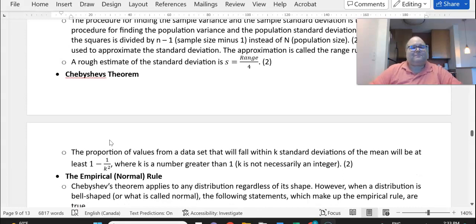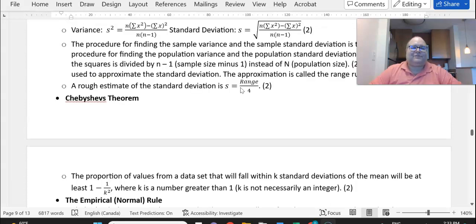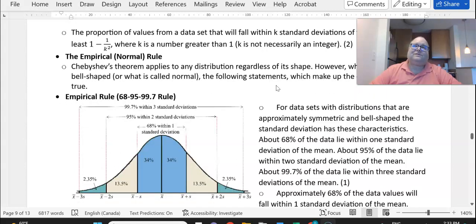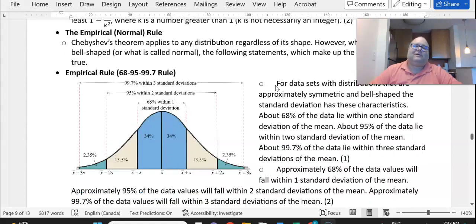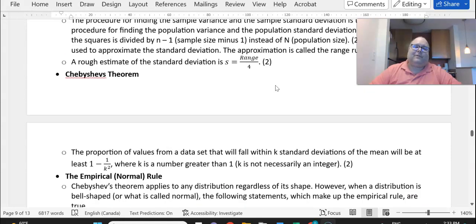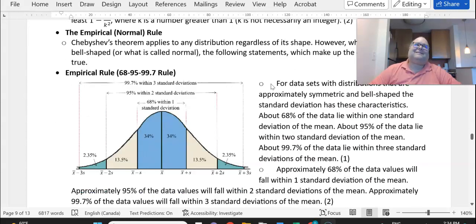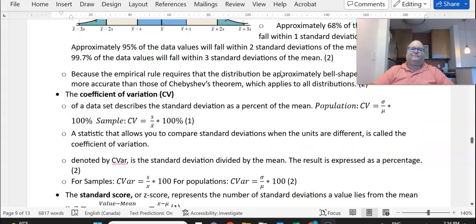Another way that we can quickly figure out an approximate for a standard deviation, be it ever so rough, is that our standard deviation can be considered as range divided by 4. So 1/4 of the range of our data is approximately a standard deviation. That would give us the central half of our range, which would contain the bulk of our data.